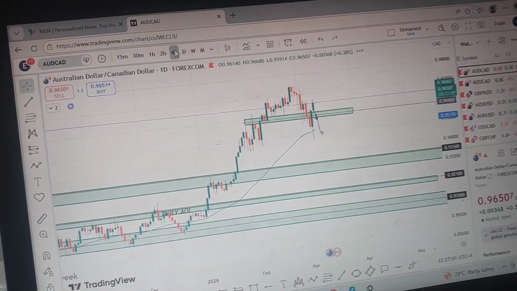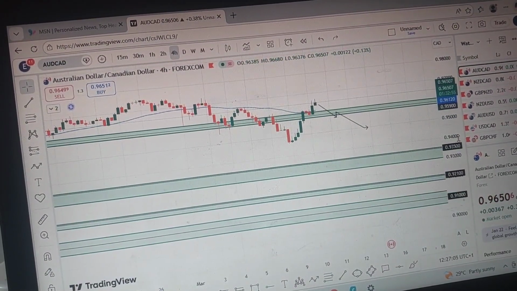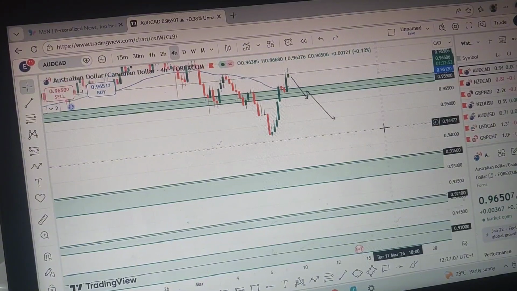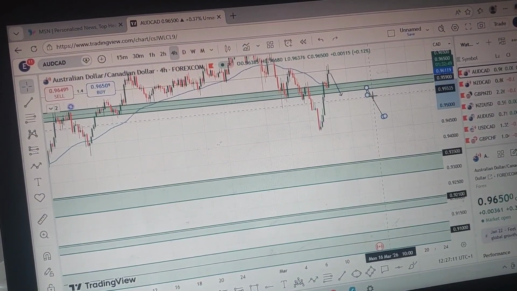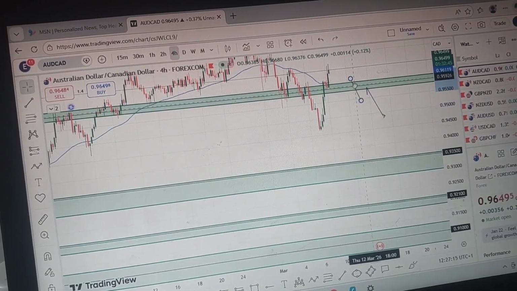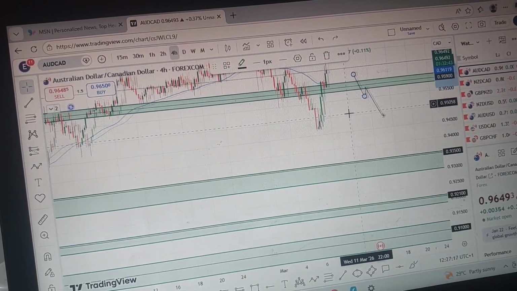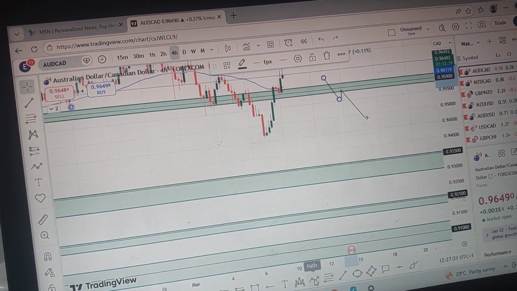So daily, 4 hours time frame. In the 4 hours time frame, we were bearish, then we shifted bullish. Let me mark it out.